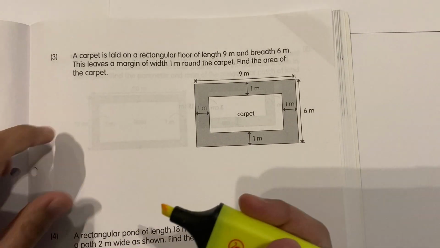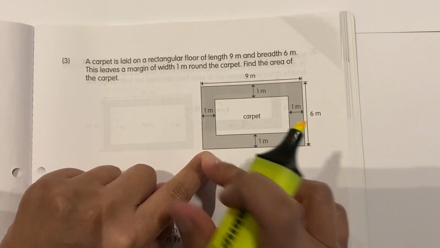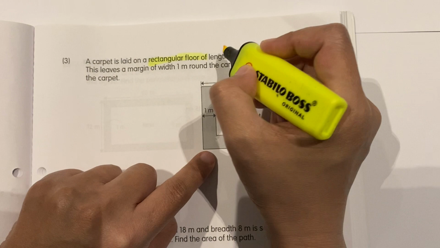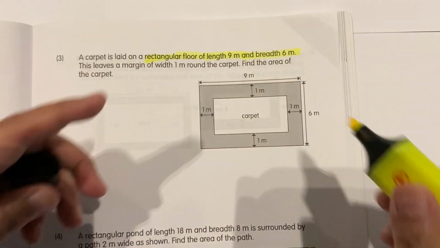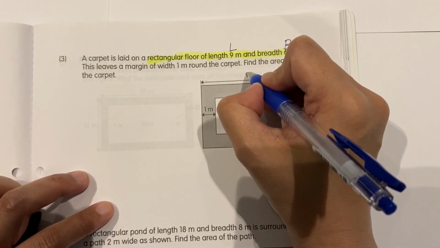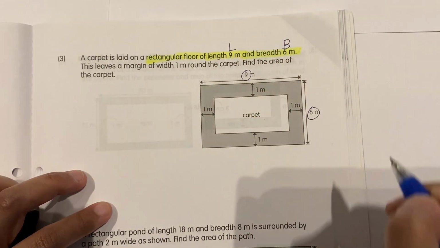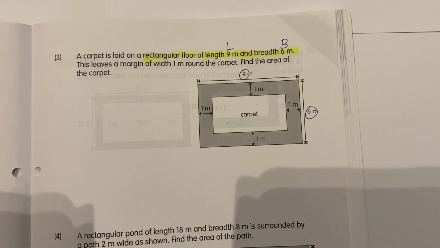A carpet is laid on a rectangular floor. So this whole piece is the floor. Okay, rectangular floor. Now the length of the floor is 9 and the breadth is 6. So this is the length, this is the breadth. So here, 9 and 6. So this whole piece here is the floor.